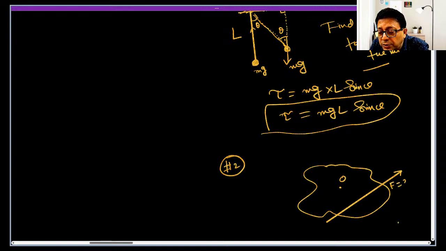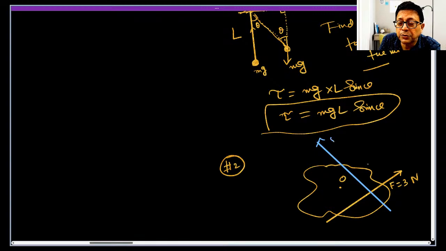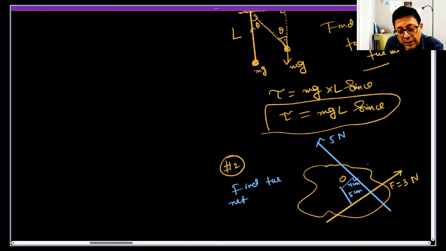This force F is equal to 3 Newton, another force acting whose magnitude is 5 Newton, and this 3 Newton is at a distance, say 5 centimeter from here, and this one is situated at a distance 4 centimeter from the point O. Question is, find the net moment of force.